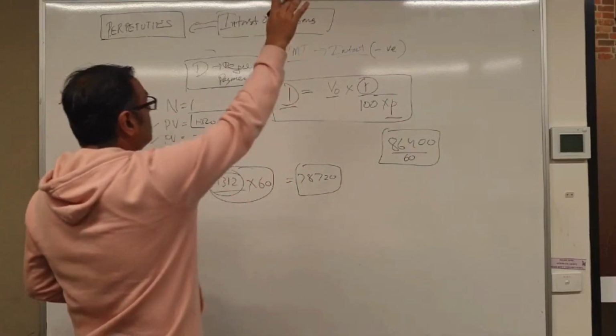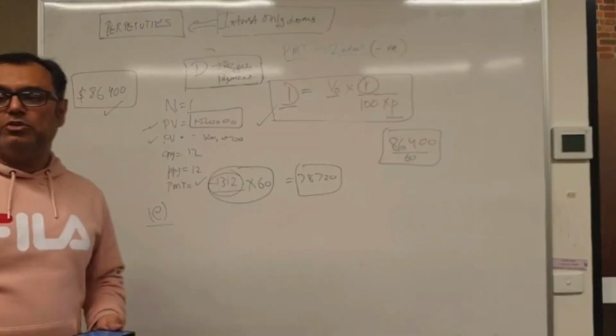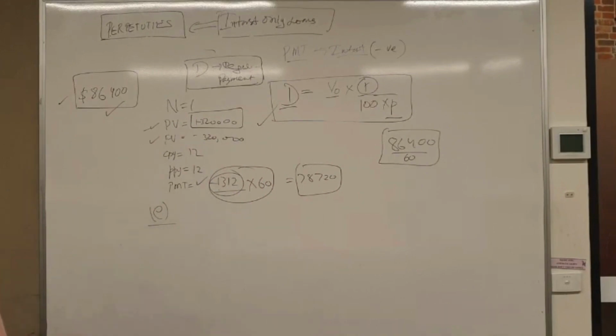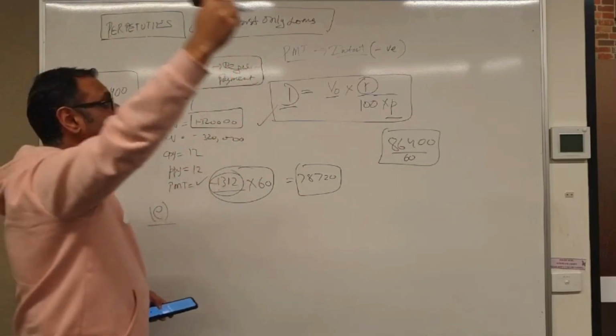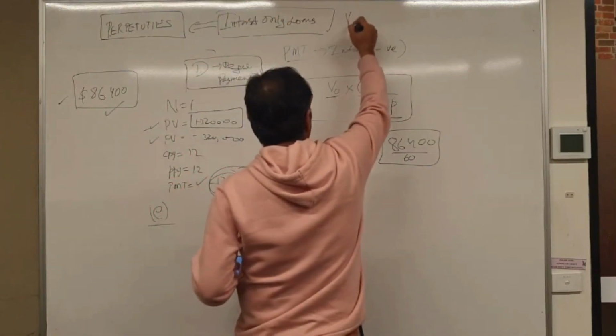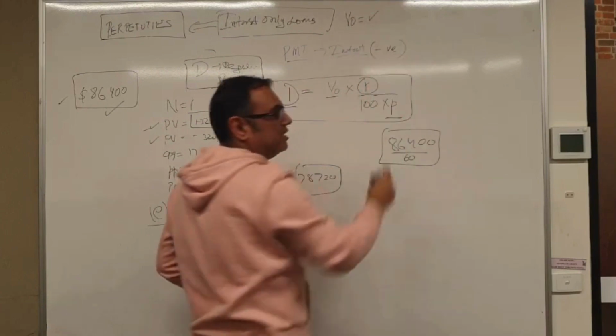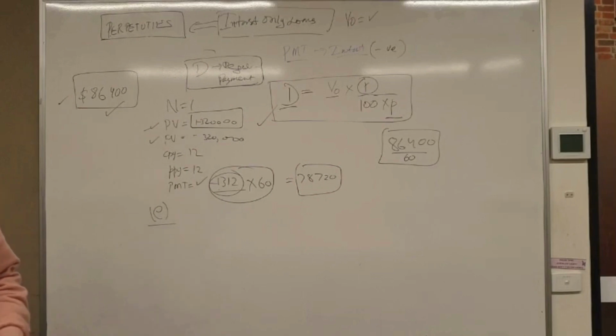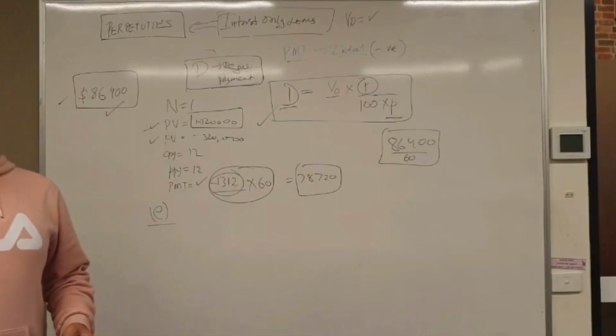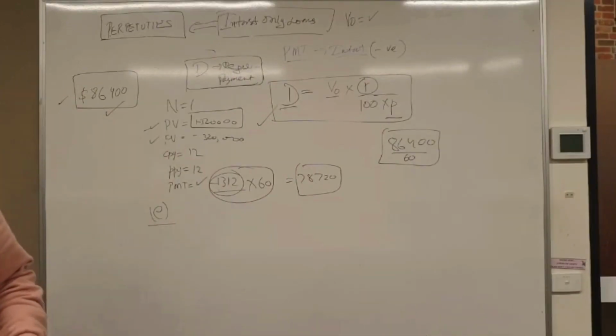Now, one more thing that I wanted to bring to your notice is interest-only loans and perpetuities, the recurrence relation. So obviously you have V0 equal to whatever your starting point is. A recurrence relation has two things: the starting value and the next term formula, the n plus 1 formula.